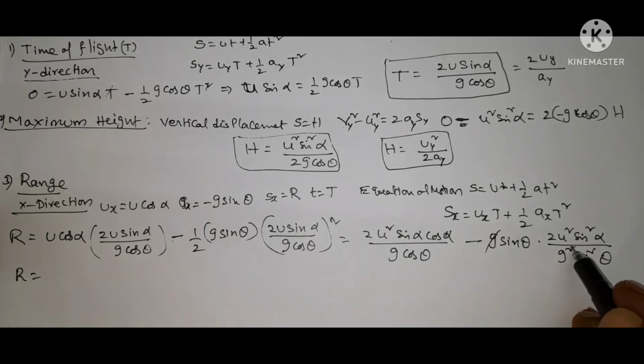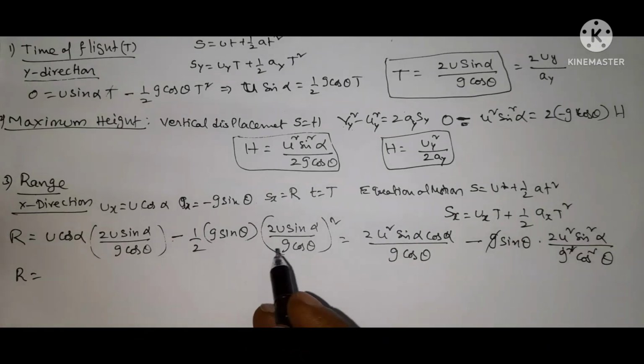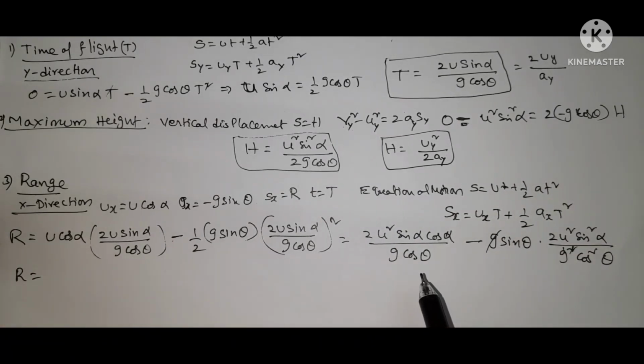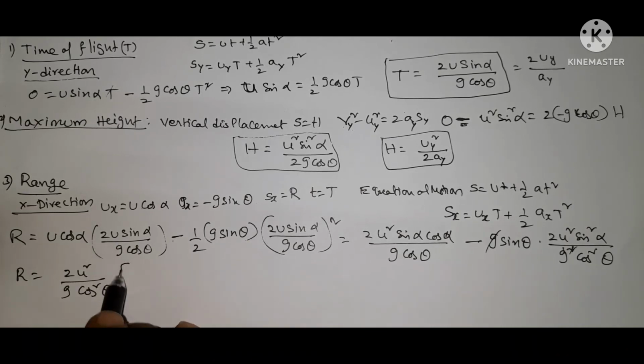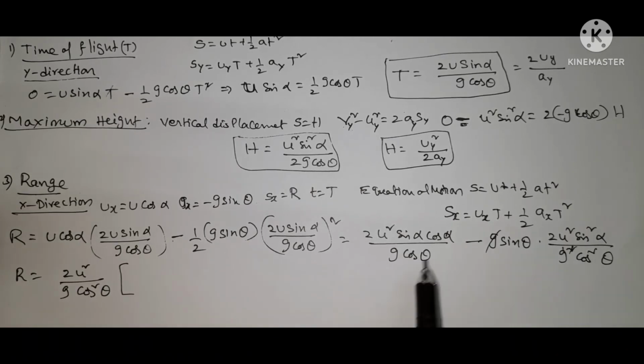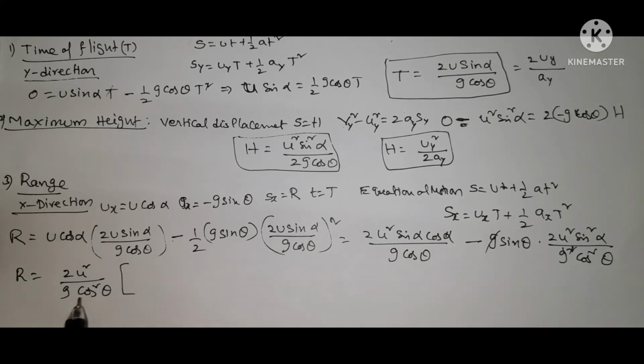One g will cancel. Now take out the common factor 2u square by g cos square theta. I am directly taking the common. Here, divide and multiply with cos theta, so that you get g cos square theta as the common.